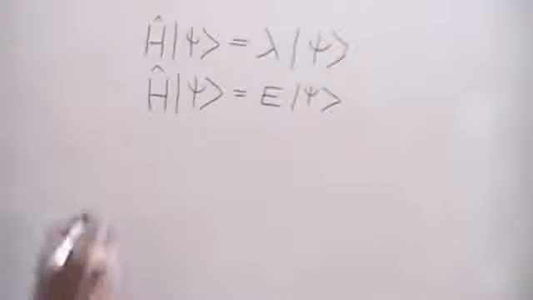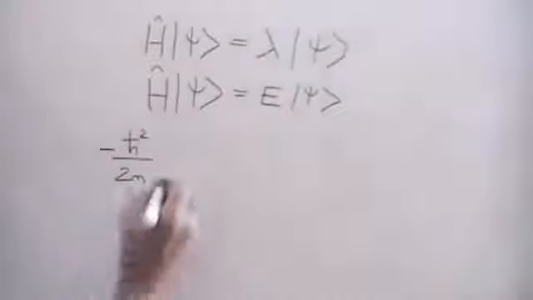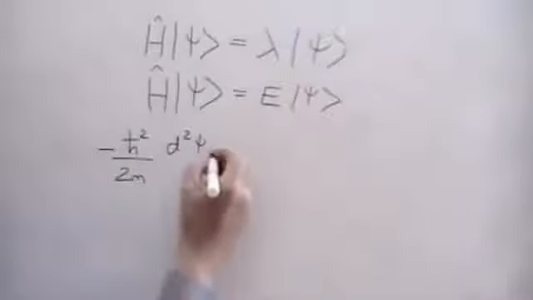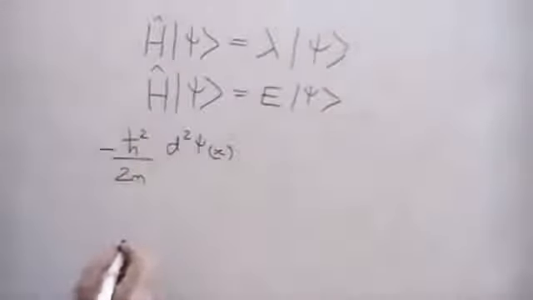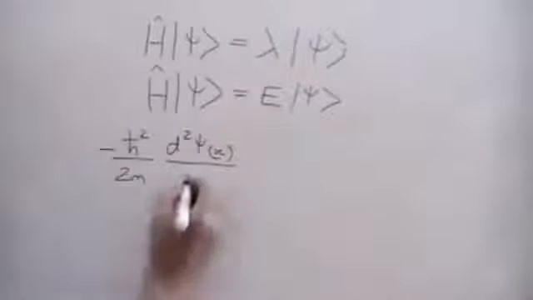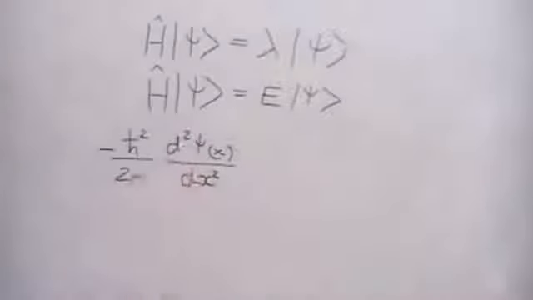I just want to remind you of a formula which we developed when I developed the Schrodinger equation. There are two types, the time-independent and the time-dependent Schrodinger equation. I'm looking at the time-independent. This means it won't have a time term in it. And this says that minus h bar squared, where h bar is the reduced form of Planck's constant, divided by 2m, where m is the mass, times d2 psi by dx squared, where psi, of course, is the wave function.